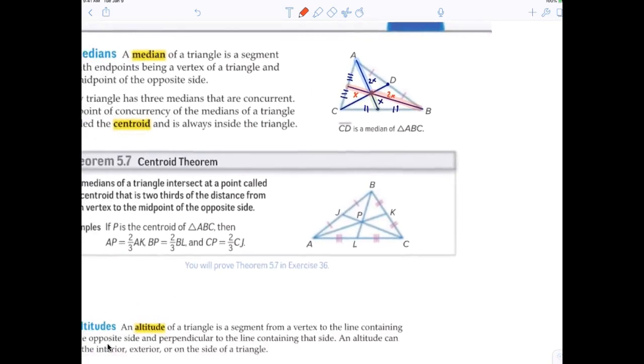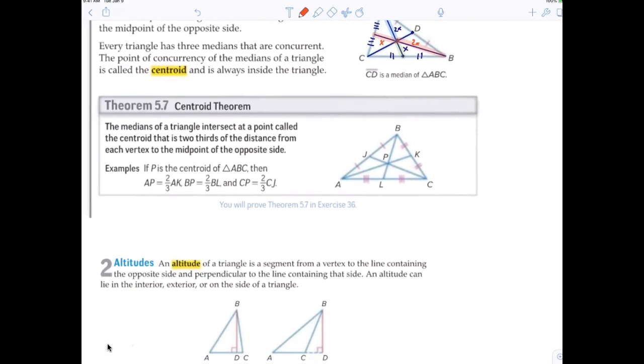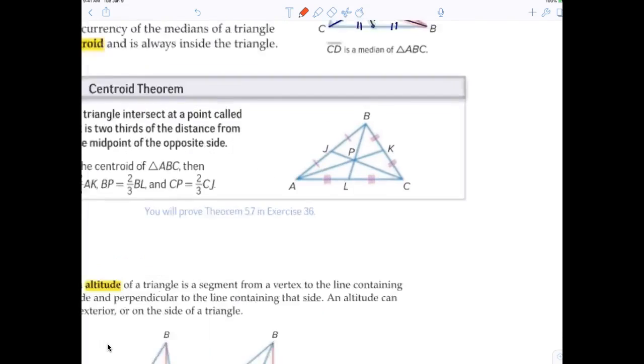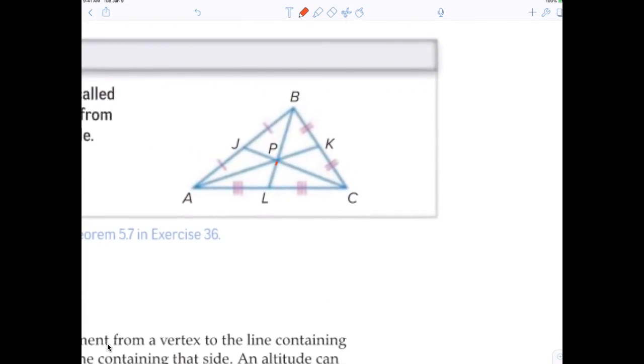All right? And here's where they talk about it, right down here. The medians of a triangle intersect at a point called the centroid. That is 2/3 of the distance from each vertex to the midpoint of the opposite side. All right? So what I told you was from here to here was x, which means PL is 1/3 of BL.